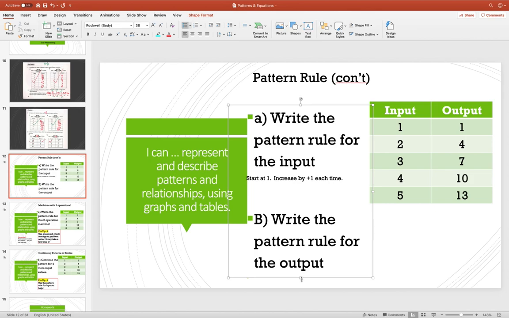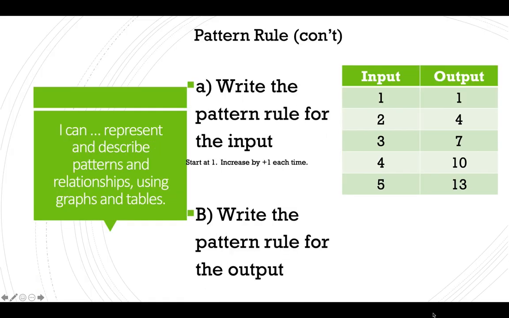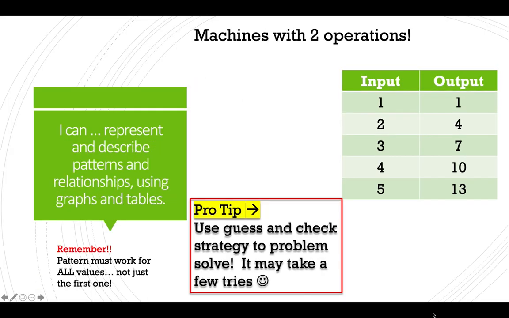And then this next one is, write the pattern rule for the output. So again, start at 1, and then we increase by, what are we doing here? We are adding 3 each time. So hopefully you're okay to figure that one out. You see where I got those numbers from. Good stuff. All right, next one.